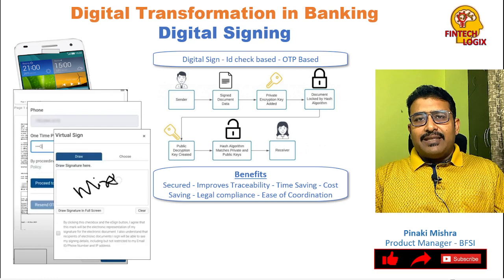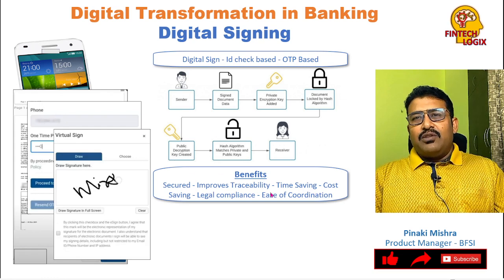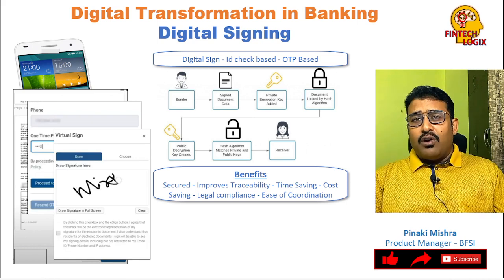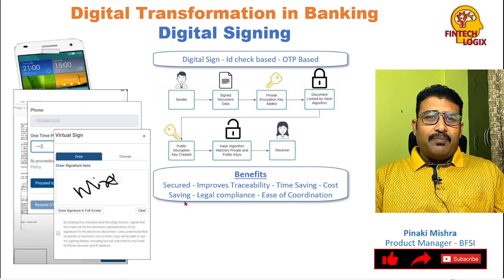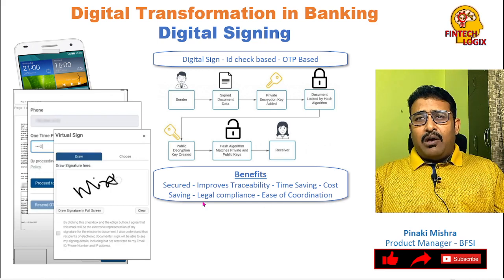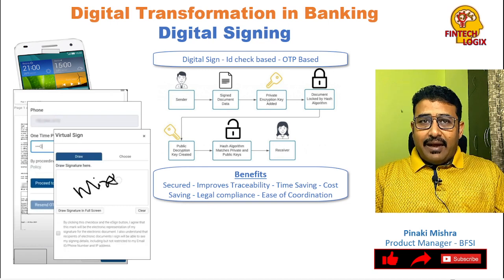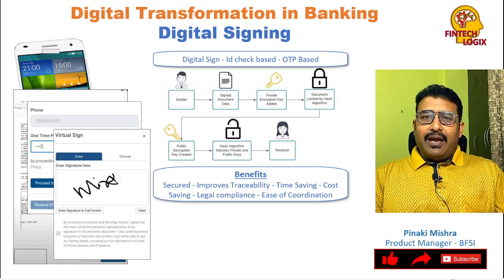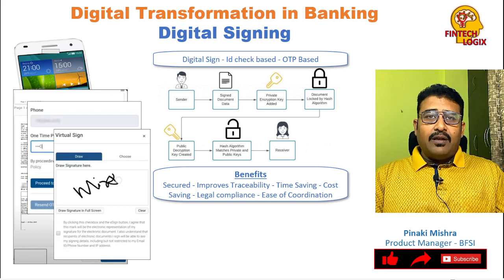The third thing is about time saving, right? Because we are avoiding the physical transit and printing, this is definitely time saving and also cost saving, because we are eliminating all those needs. Then legal compliance. The overall process is standardized and it can be followed for every set of document, and needless to say we can add all the legal compliance needs to the workflow.